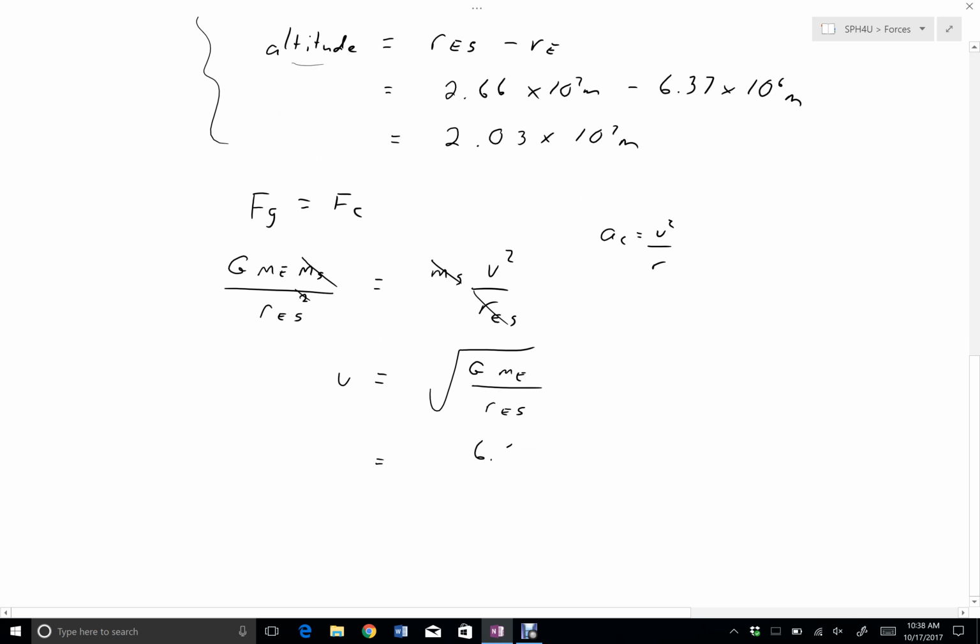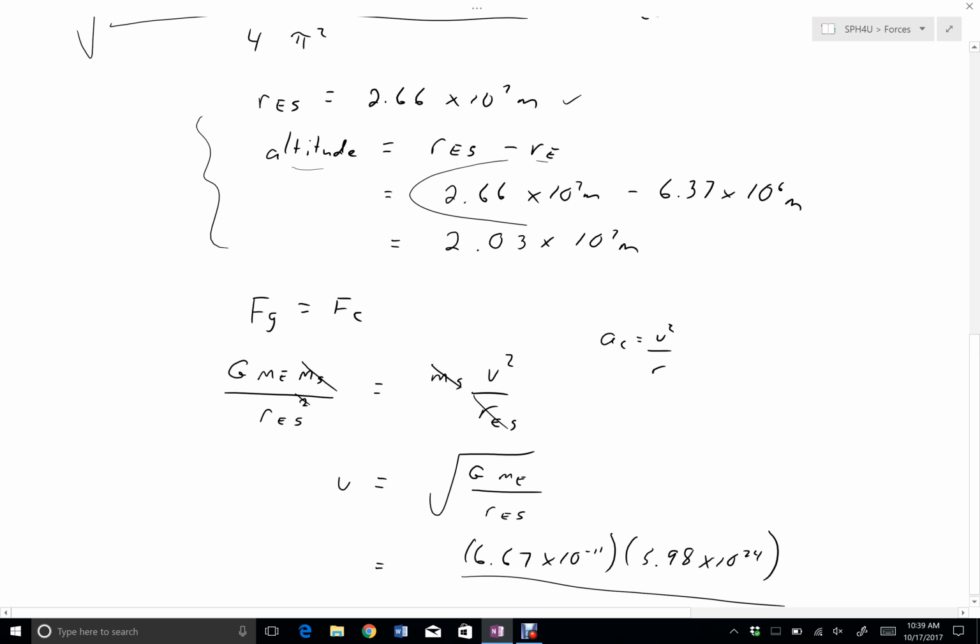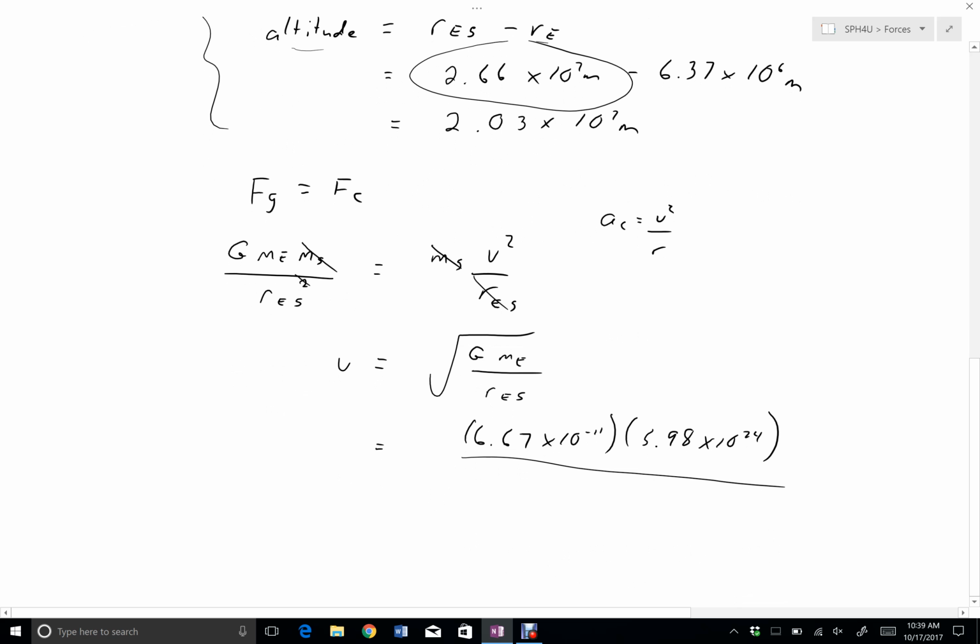So, I mean, there's lots of ways to do the second part of the problem. This is just an easy way that I think. Times 10 to the 24 divided by that radius. Here we want to make sure we're using the whole radius of the circular motion.